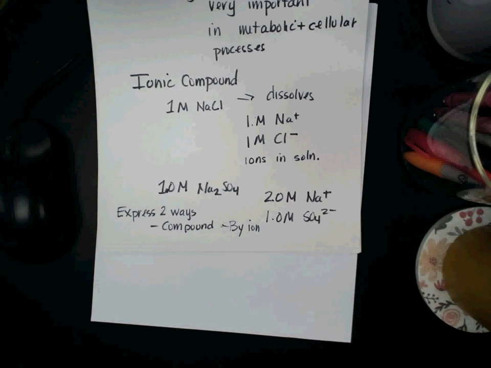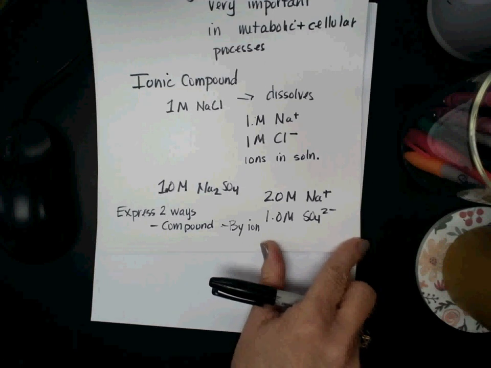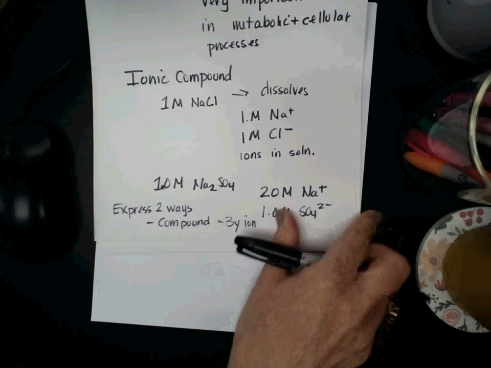By ion, you have to separate it into its parts, and if it asks for the whole concentration, you just give whatever the molarity of the compound is. And if you had to calculate the molarity of the ion concentration, it would be something like we just did in that other problem. Okay? Make sense? So that's two different ways to look at molarity.